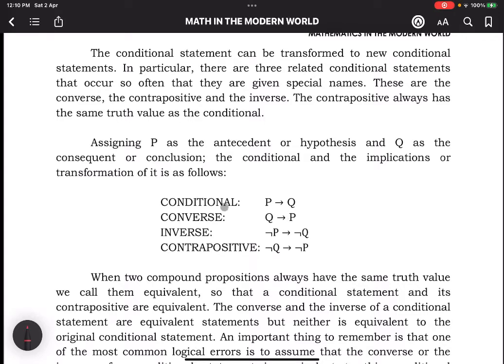So you will notice that the contrapositive reverses the inverse, and the converse reverses the conditional. The inverse negates the conditional, not the position, but its truth value.